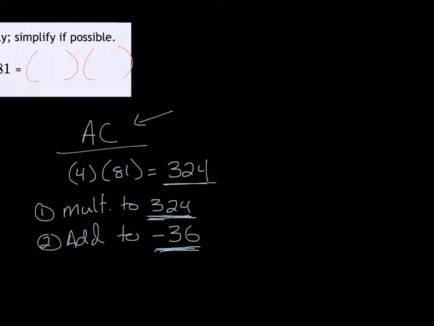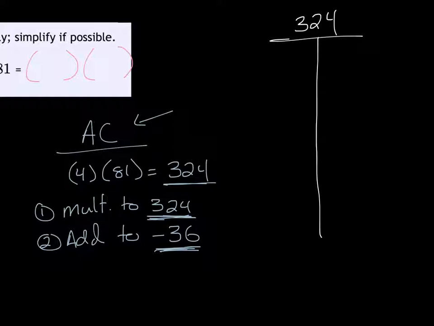First, I list the factor pairs of 324. Since this is a larger number, the list is going to be pretty big. I always start with 1 and the number itself. Then I divide by 2. This is an even number, so that works, and I get 162.